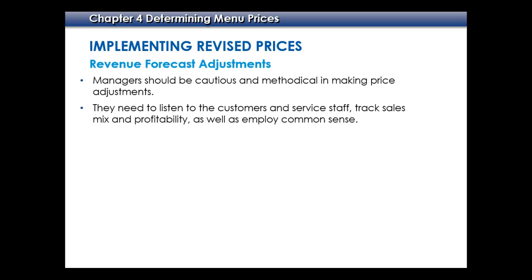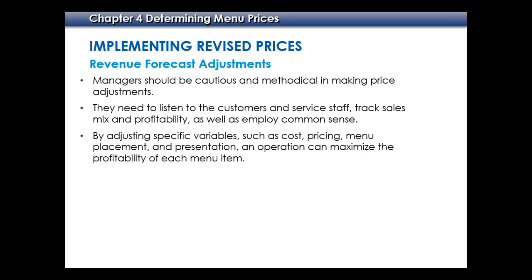You've got to be able to still look at the big picture and not just go with what the numbers tell you. So by adjusting specific variables such as cost, pricing, menu placement, and presentation, an operation can maximize the profitability for each menu item.